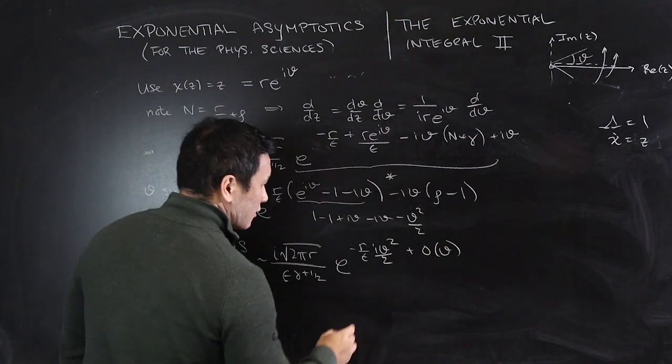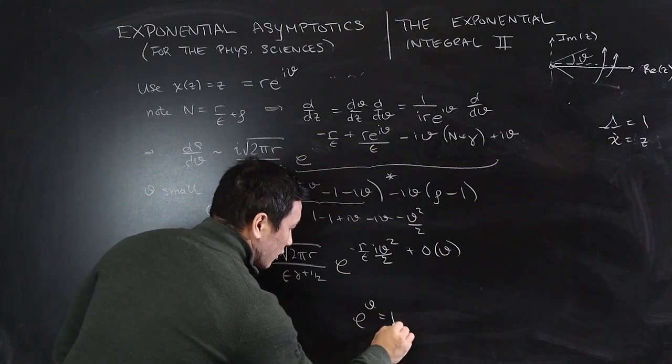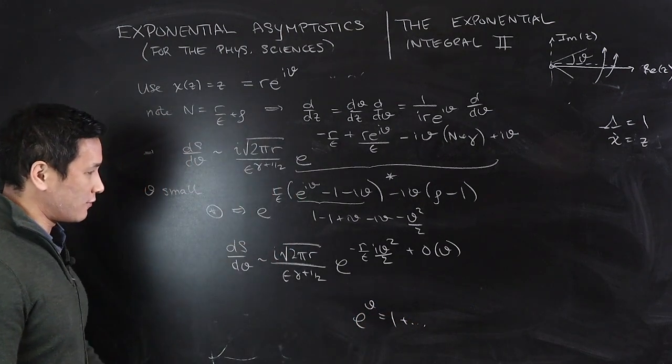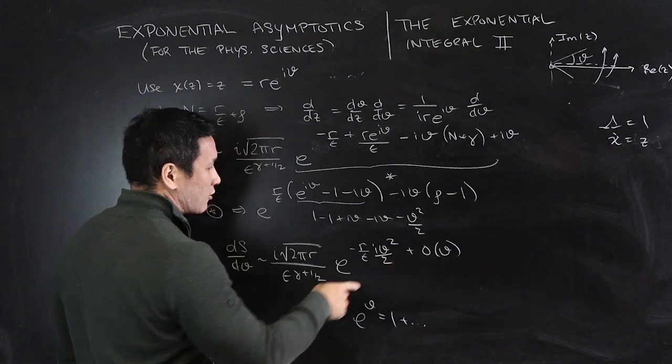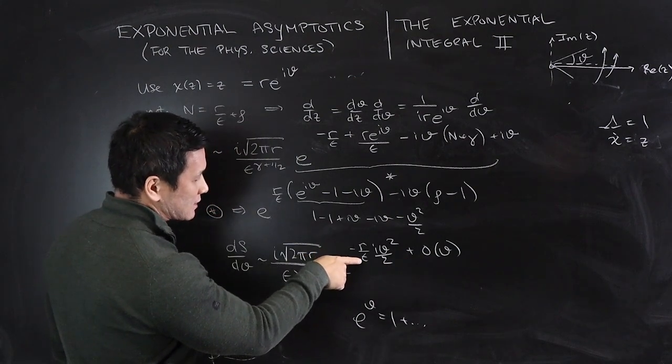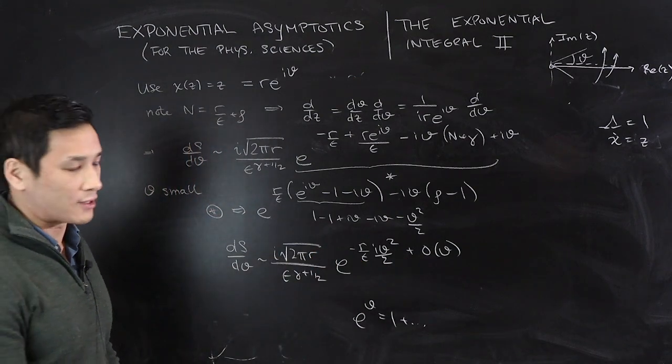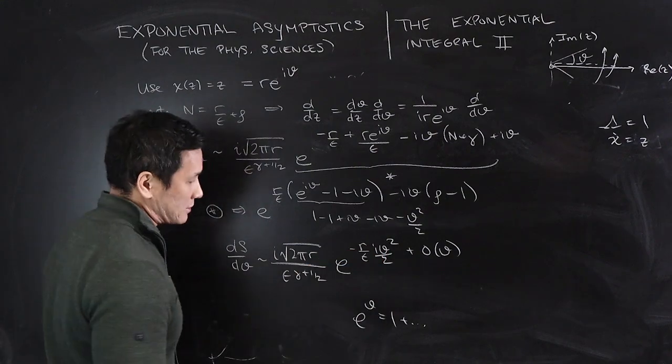But this one here, because e to the theta is just 1 plus small stuff if theta is small, can be ignored. This one can't be ignored because it has an epsilon in there. And so you have to think carefully about the size of theta squared over epsilon.